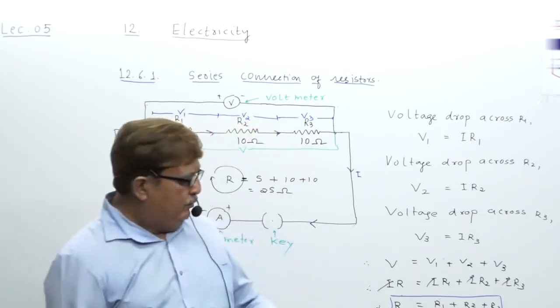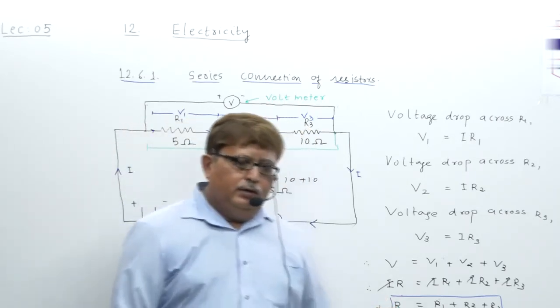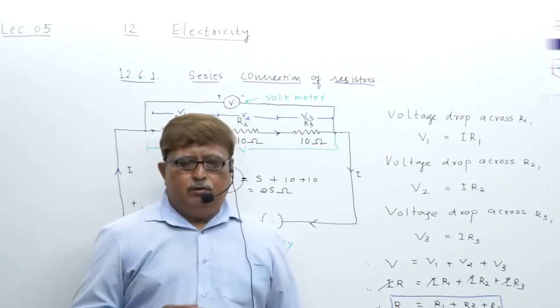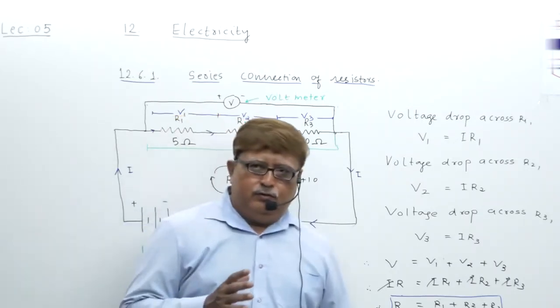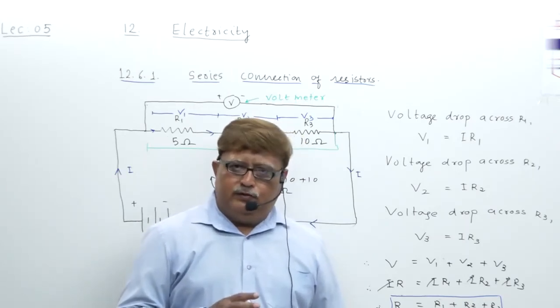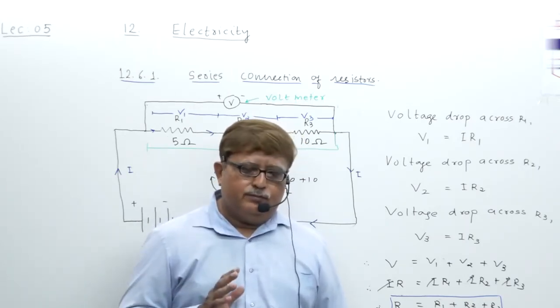First, the formula of total resistance. What is that? R equals R1 plus R2 plus R3.